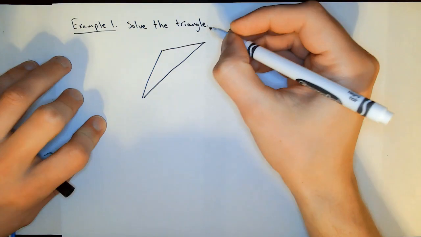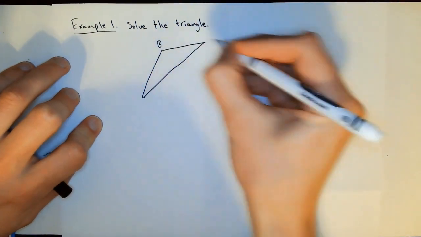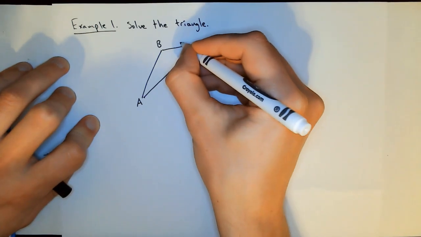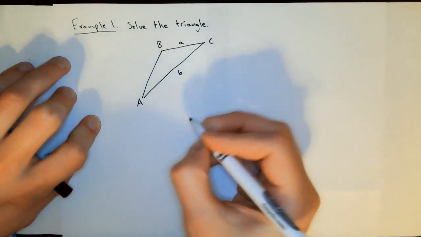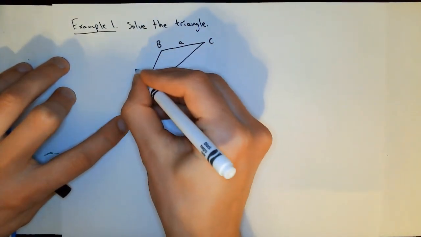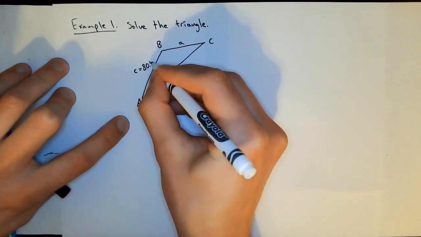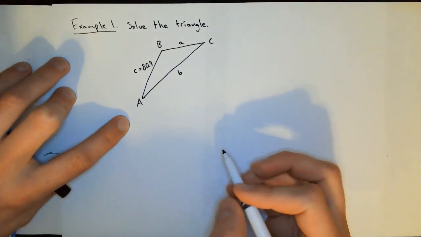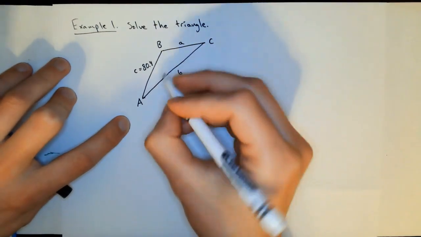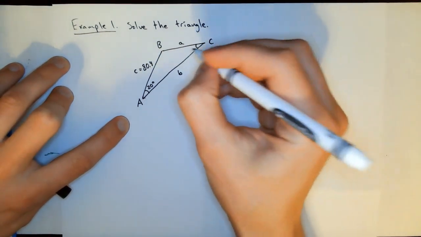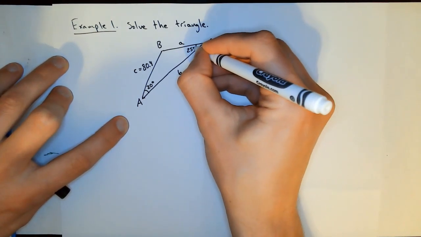And in the picture, they went ahead and labeled this as B, this is C, and this is A, so that this is little a, this is little b, and this is little c over here, and we're given that little c is equal to 80.4, so we're given that side measure, not given a or b, and we're given that this is 20 degrees and this is 25 degrees.